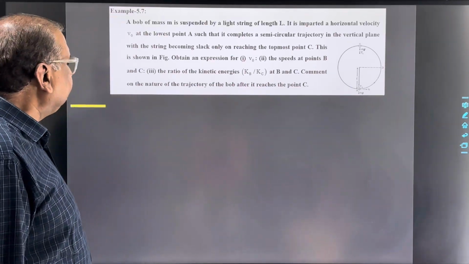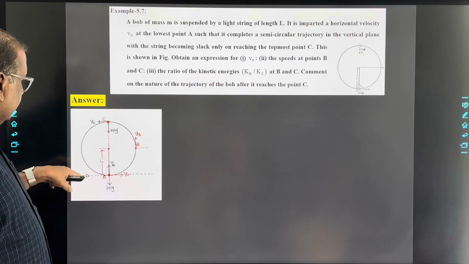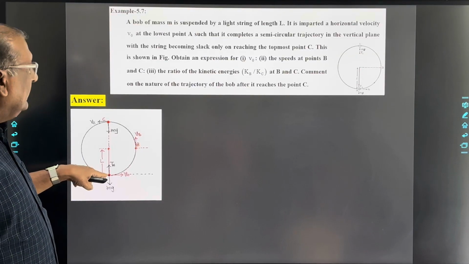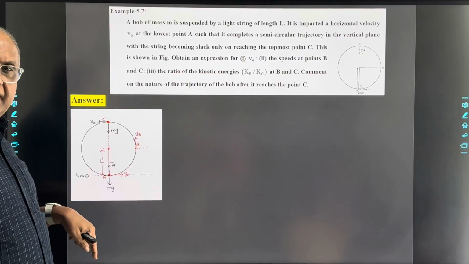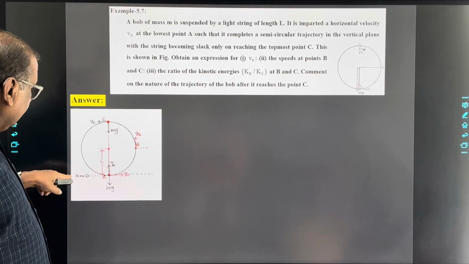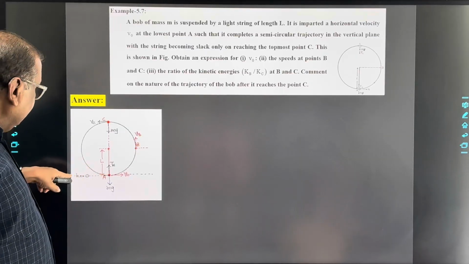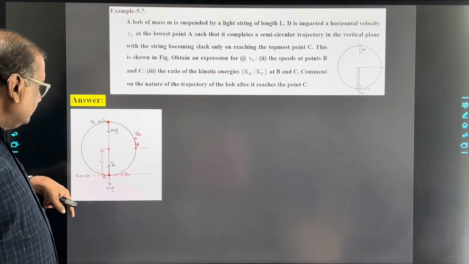Now see here. First, consider this position A, the lowermost position, as the reference position. So here we prepare the reference line. When the object is on the reference line, the height is equal to 0.